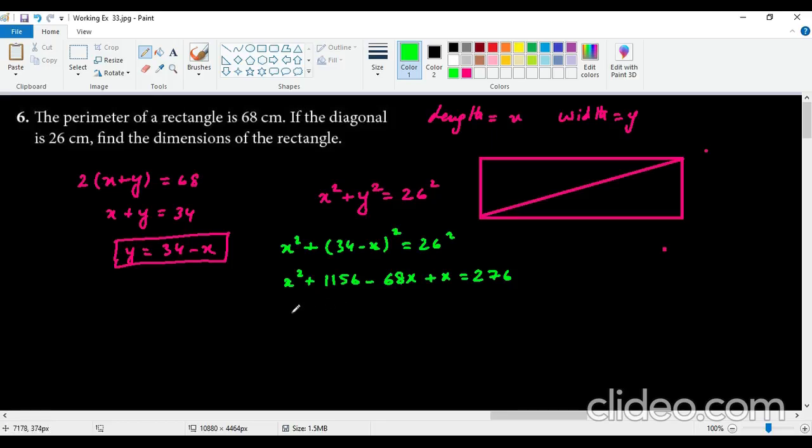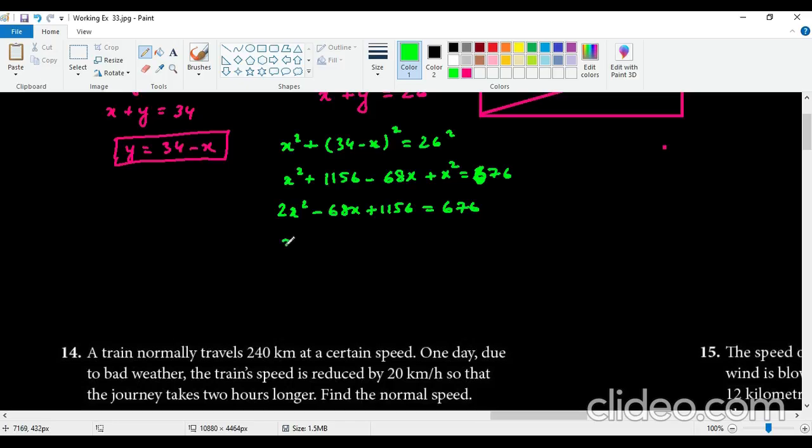So x square and x square gives us 2x square, and minus 68x, and plus 1156 minus 676. When we do the calculations, it's going to be 2x square minus 68x plus 480.